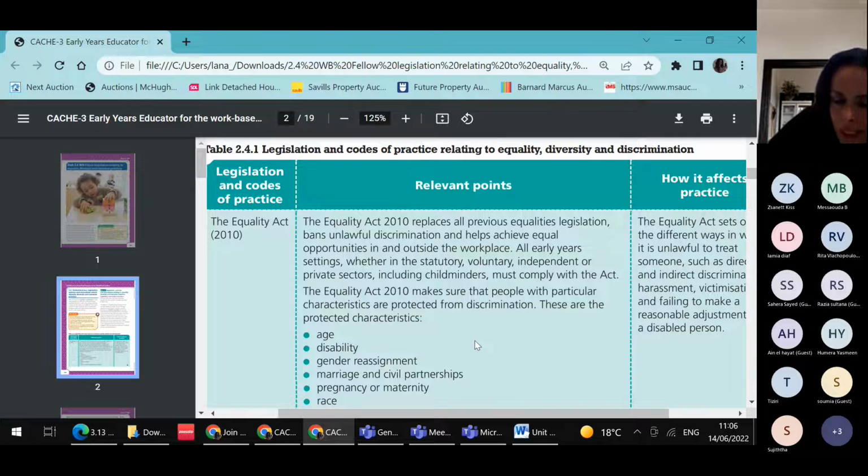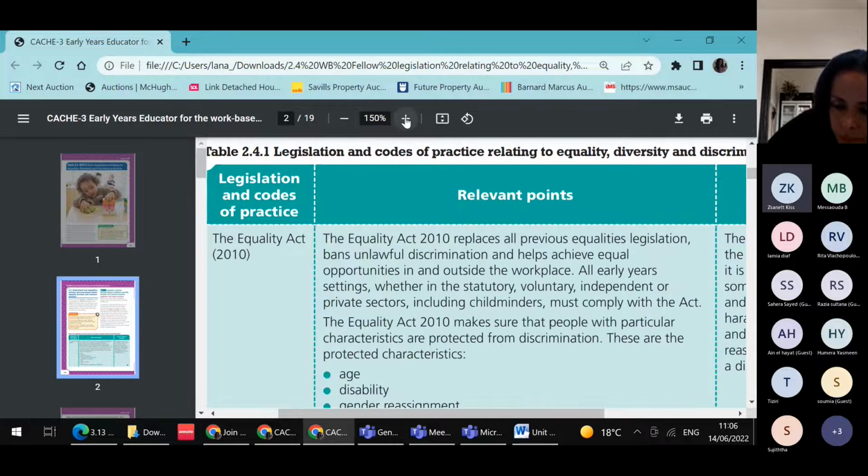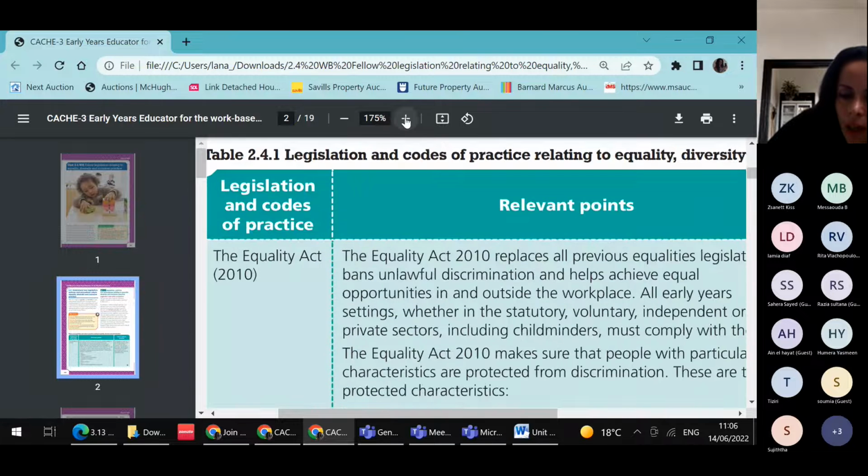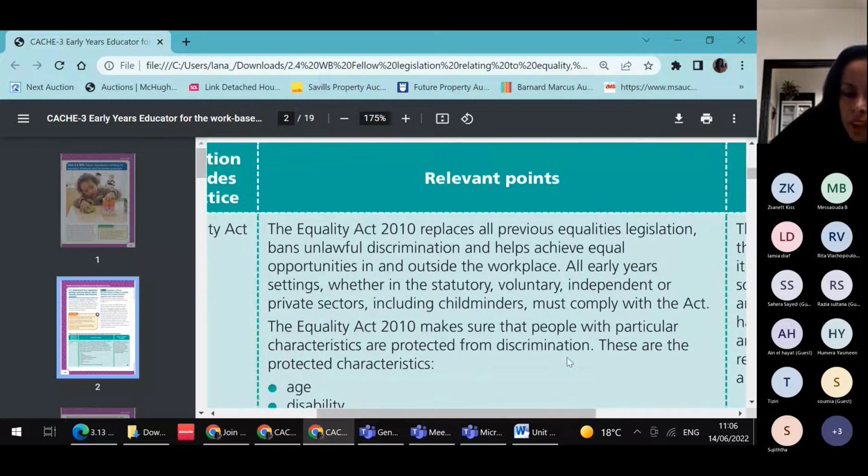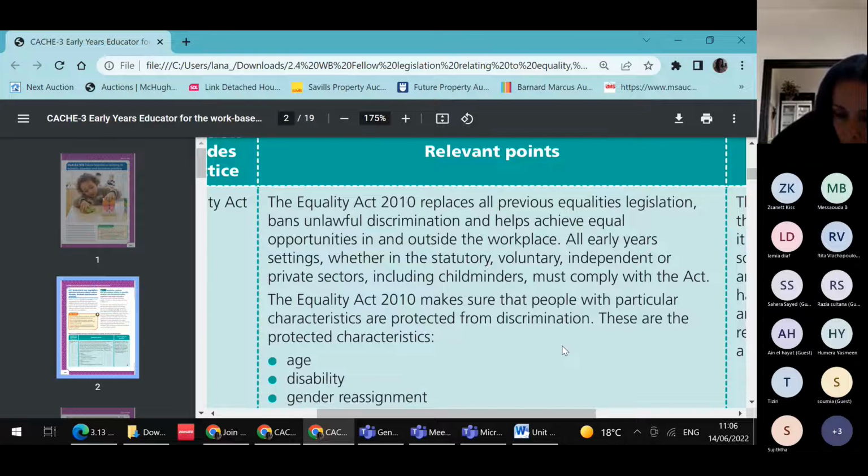It bans any unlawful discrimination and helps us to treat everyone as equal. So we respect people's differences. All early years settings follow this statutory requirement.